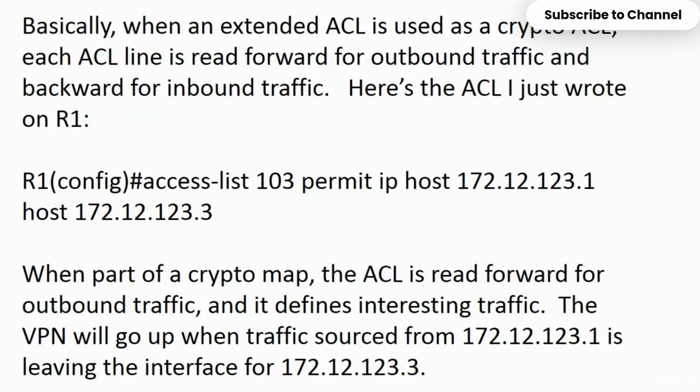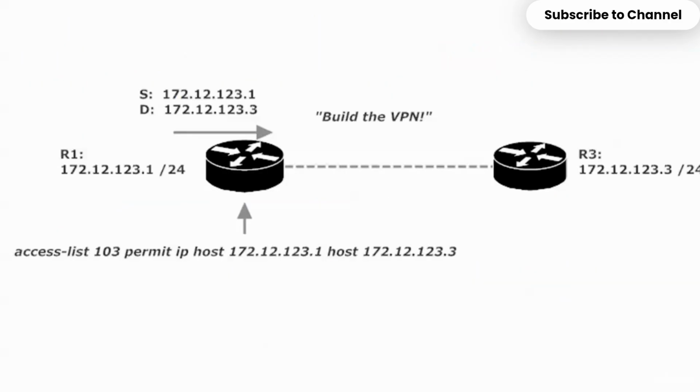Source, destination; we know that it's an extended ACL. We know the syntax. Now, when this is part of a crypto map, the ACL is read forward for outbound traffic, and it defines interesting traffic. The VPN is going to go up when traffic sourced from 172.12.123.1 is leaving the interface for 172.12.123.3. It's going to trigger the VPN build, and that traffic will be IPSec protected.